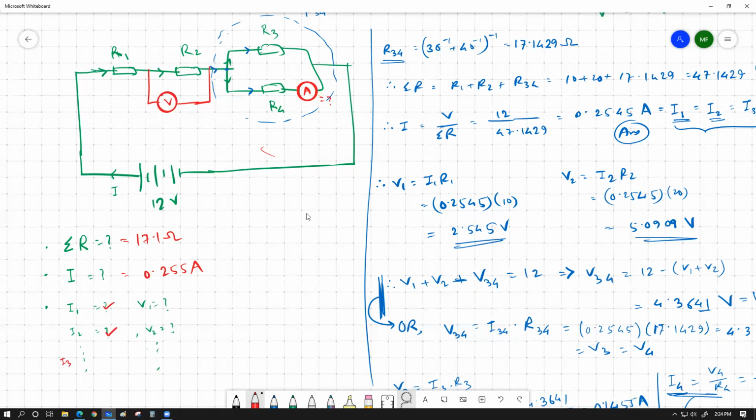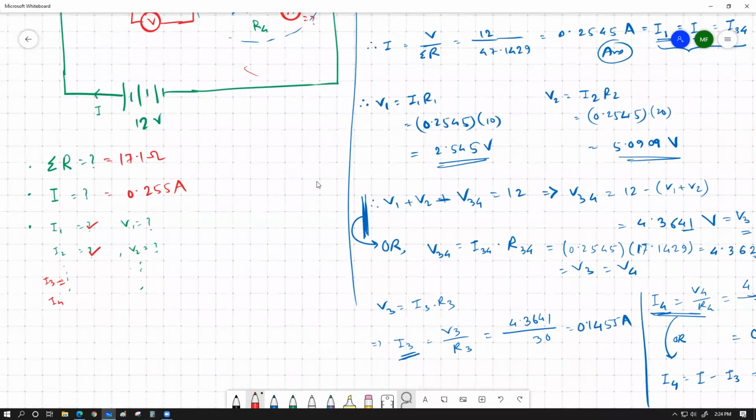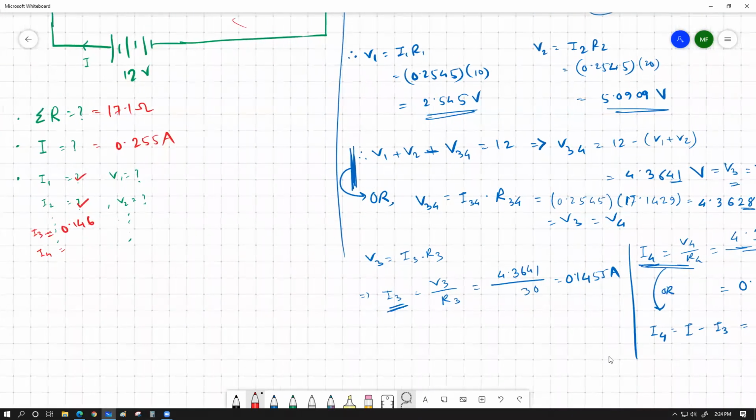We should write the value of I3 and I4 individually. How much did we get for I3? 0.1455, so I can write 0.146, and I4 was calculated to be 0.109.